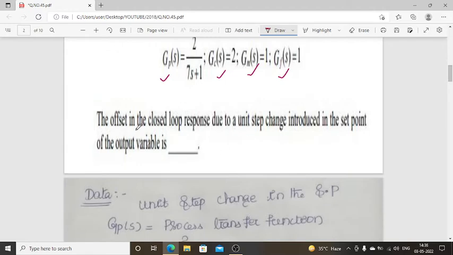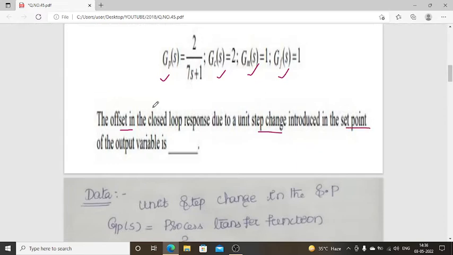The offset in the closed loop response due to a unit step change introduced in the set point of the output variable. Objective of this problem: to determine the offset in the closed loop response due to a unit step change introduced in the set point.